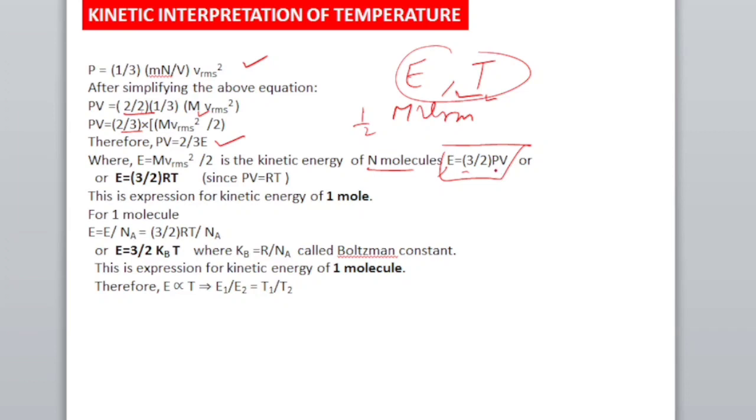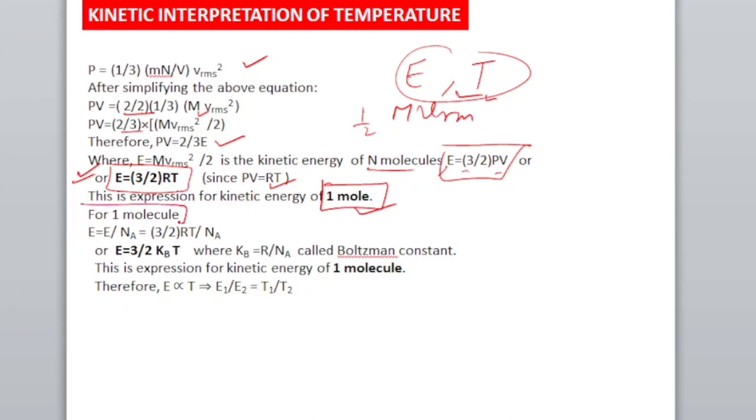For 1 mole of a gas, PV is equal to RT. So you can write E equal to 3 by 2 RT. This is the expression for the kinetic energy of 1 mole of a gas.